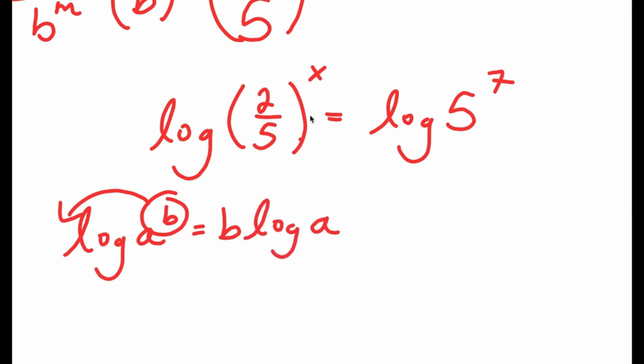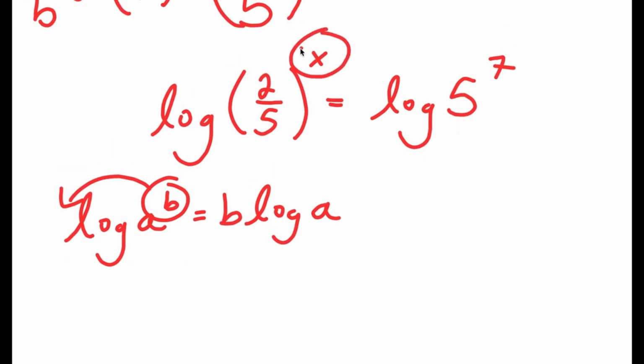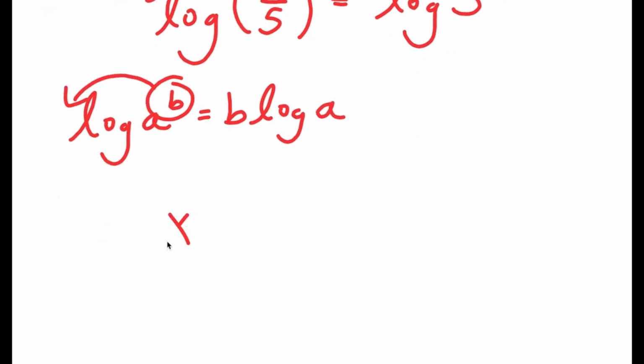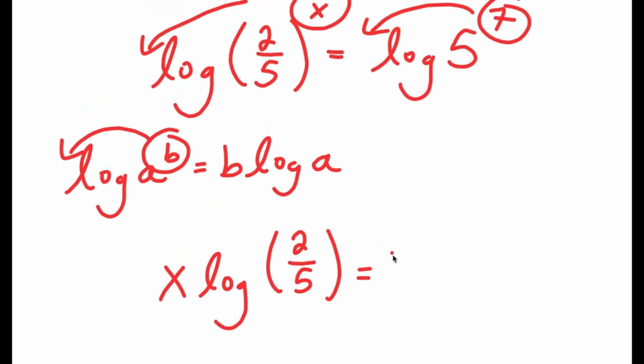In this case, I have log 2 over 5 to the power of x, so I can move x to the front, and I have log 5 to the power of 7, so I can move 7 to the front. So I get x times log 2 over 5 is equal to 7 times log 5.